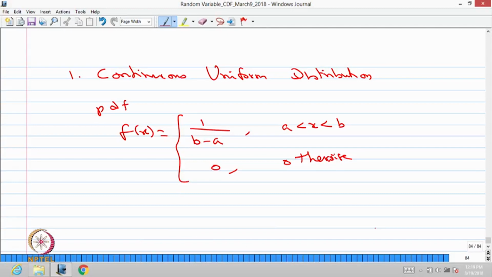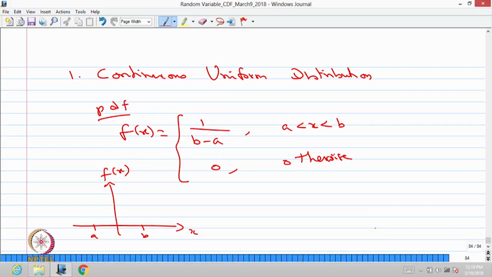So, whenever a continuous type random variable has a probability density function of the form f of x equal to 1 divided by b minus a, which is greater than 0 between a and b, otherwise it is 0, then we call it a continuous uniform distribution. You can draw the probability density function to visualize. Suppose a is negative and b is positive, and the probability density function between the interval a to b is 1 divided by b minus a.